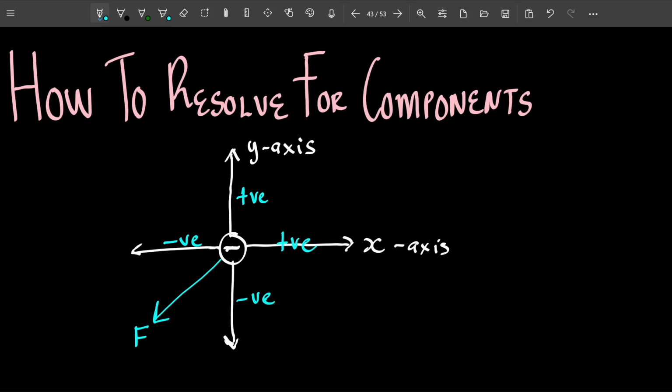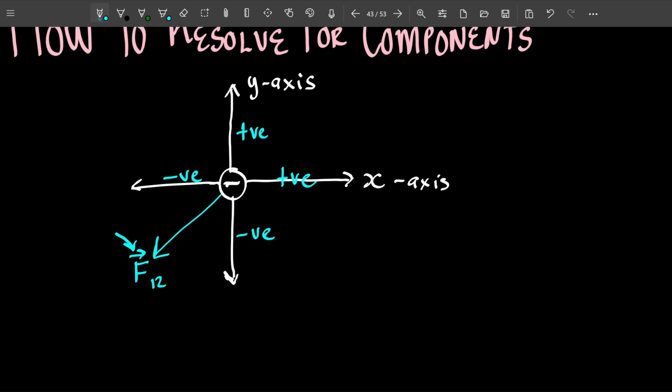So when I'm dealing with this F, whatever F it is, if it's F12, and it has an arrowhead, this arrowhead shows me that the force is still a vector. But when I resolve it to its components, they are not going to be vectors anymore. So this is F12, and I'm going to convert F12 to get it to be in y like this. I want F12 in y.